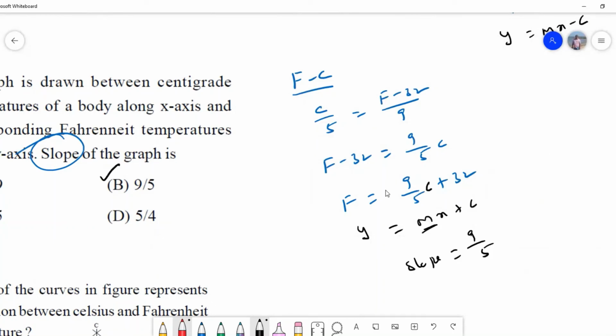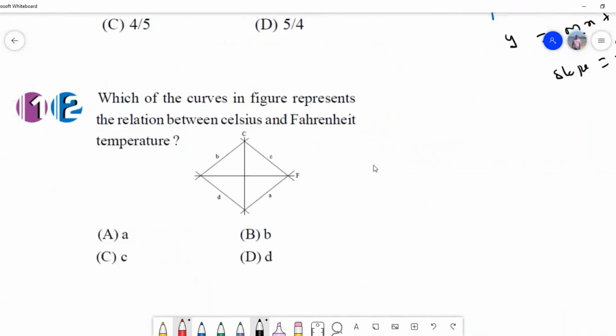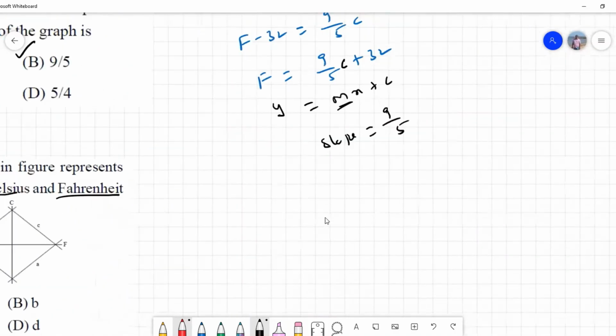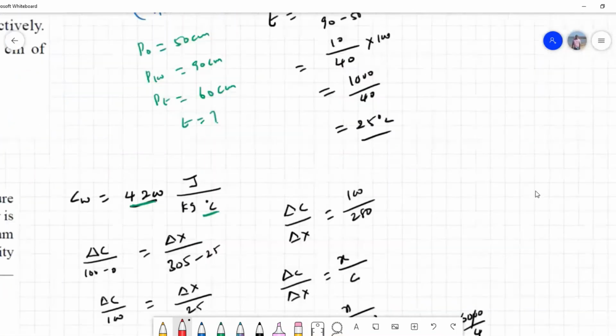It's a simple graph. Again, which of the following figures represents the relation between the Fahrenheit scale temperature and the Celsius scale temperature? Just now we have drawn both the graphs. The mx plus c graph is this, the F-C graph, and previously we drew the C-F graph.